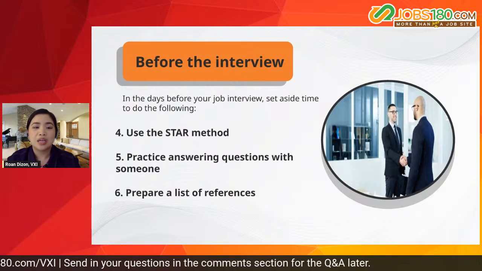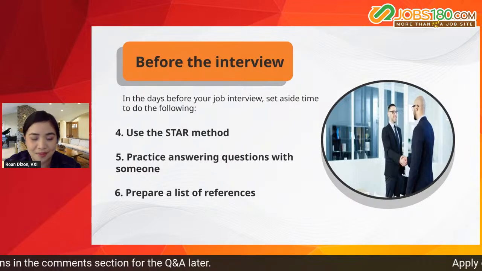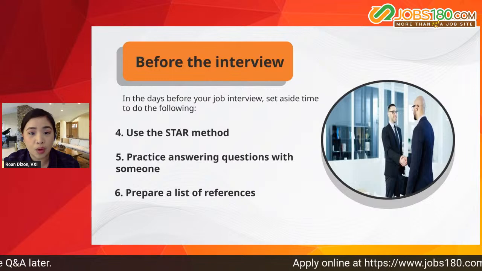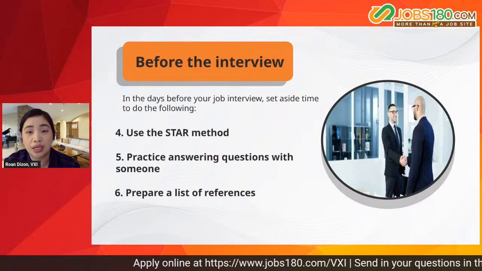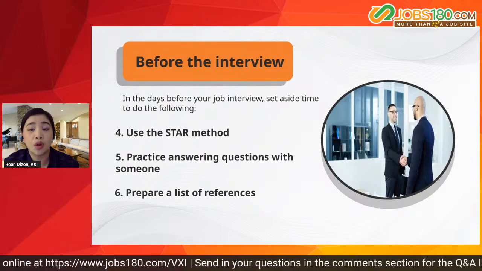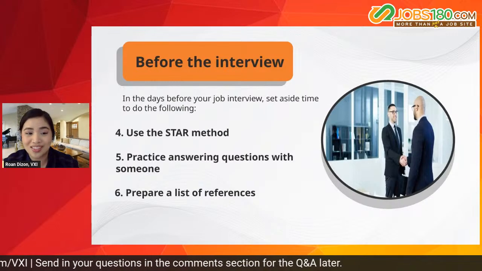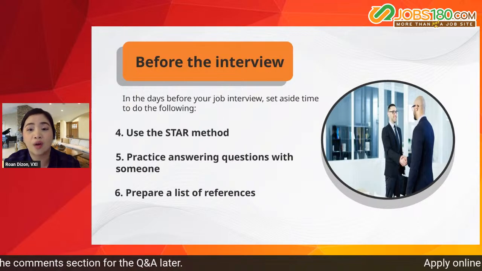Okay. And number 6 is to prepare a list of references. Now, for the references, it is really ideal that you're going to get someone you know and who knows you, or someone who can remember you, someone who you think will say something good about you, or someone who can vouch for you.